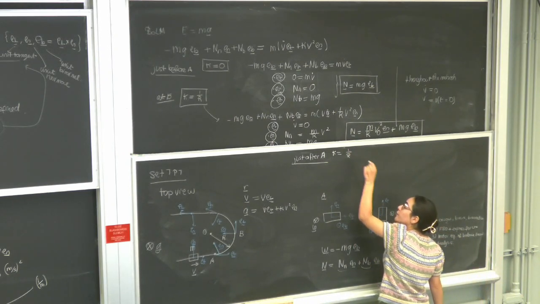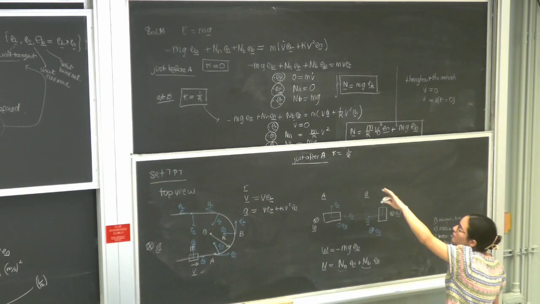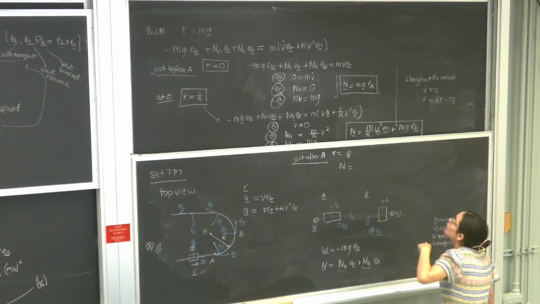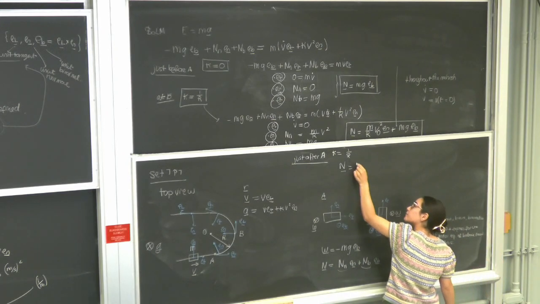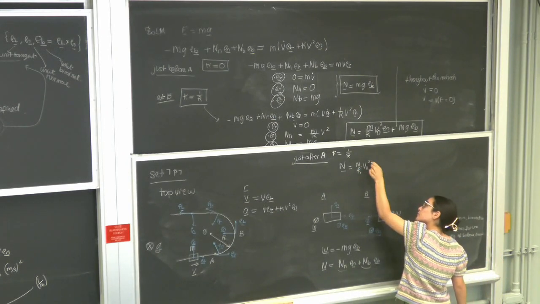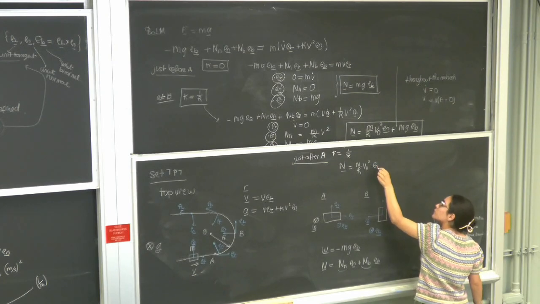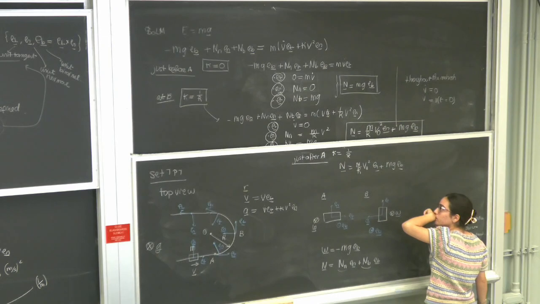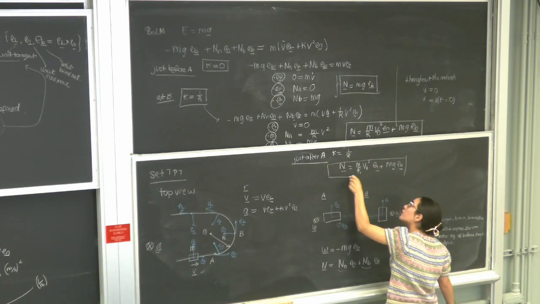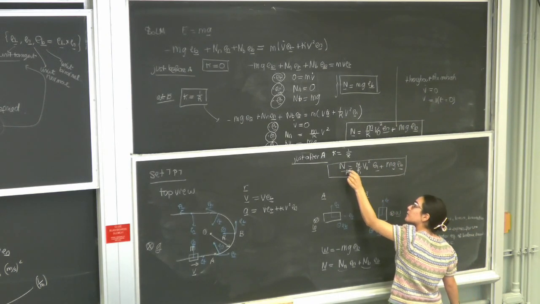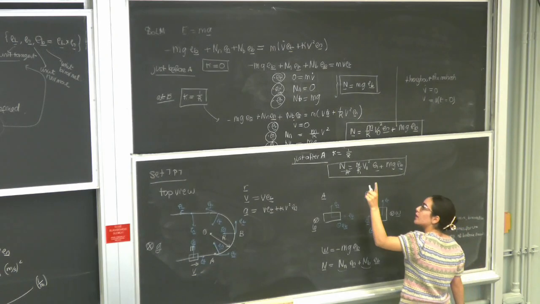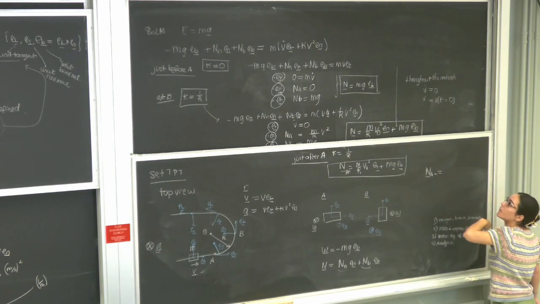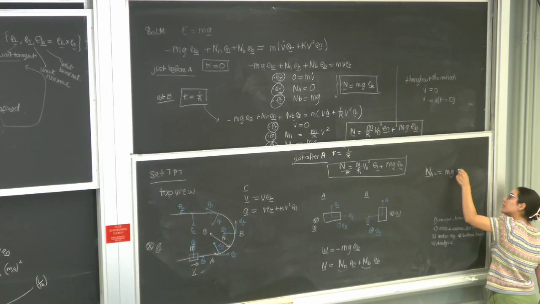Kappa is 1 over r after A. So it's going to be the same thing as for at B. N would be equal to m over r v squared. Okay, so that's the normal force just after A. And recall the normal force just before A was equal to mg e_b.